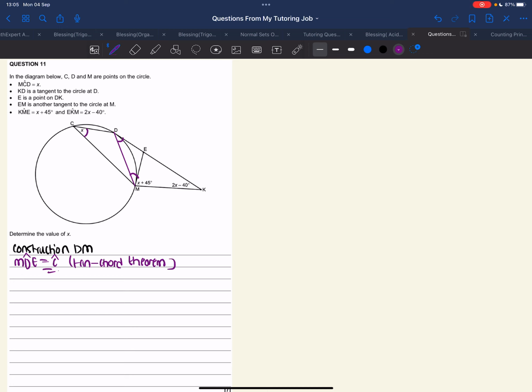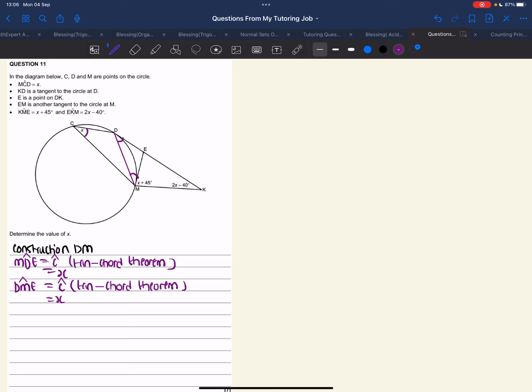So basically that is going to be equal to X, and then also that angle DME is also going to be equal to angle C, and the reason for that is also the tangent-chord theorem. So that is going to be equal to X.